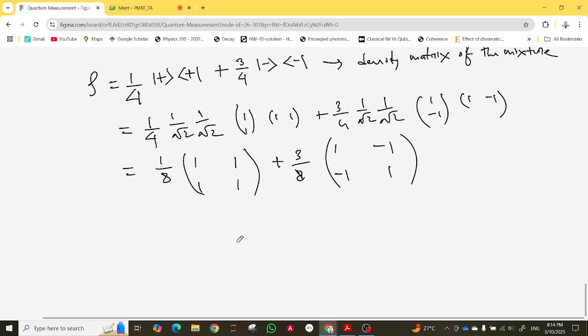Just do the multiplication. Then you will get 1 by 4 times... 3 by 8 and 1 by 8 is 4 by 8, so this is 2, 2, minus 1, minus 1. So this will be your density matrix of the mixture.